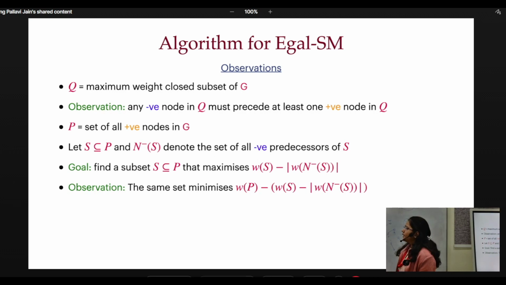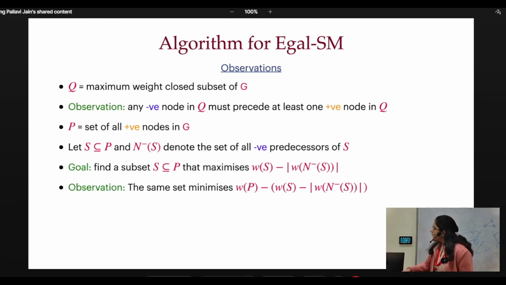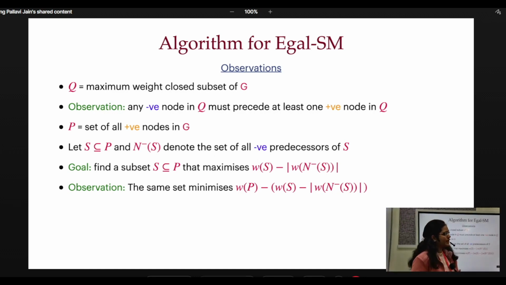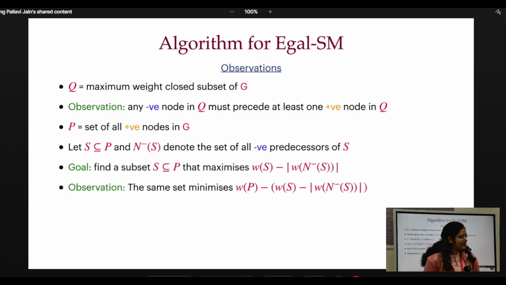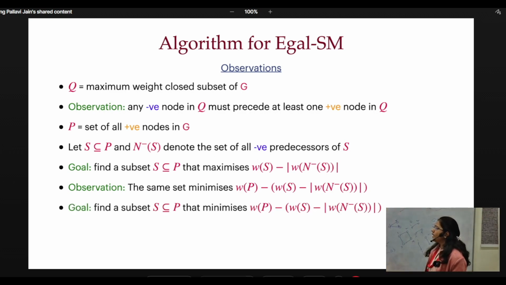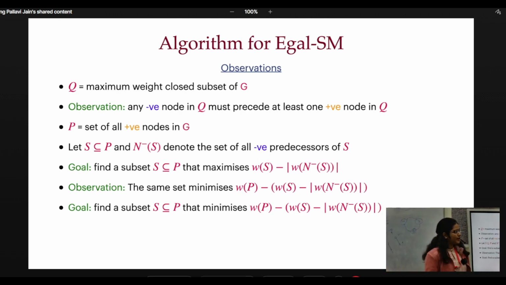Now, do you buy this, that maximizing the above is the same as minimizing WP minus this? WP is the total possible value for the positive nodes. Now you subtract it, and this is the value you want to minimize. It's the same as maximizing that value. So now I can say my goal is to find a subset that minimizes this value, correct?